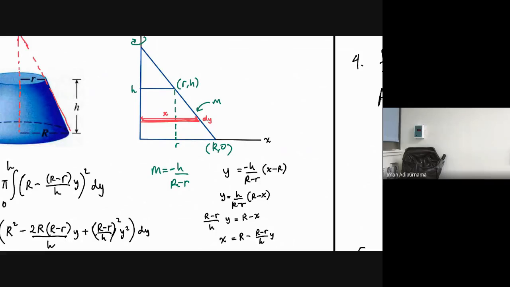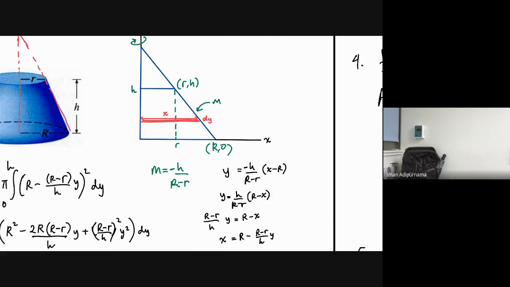Imagine this is a line with some gradient, and we can find the gradient by looking at this length divided by this length. But because the gradient is going down, it's negative, right? So the gradient will be negative h over the big R minus r, this length, this triangle.